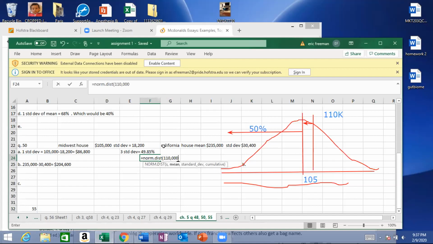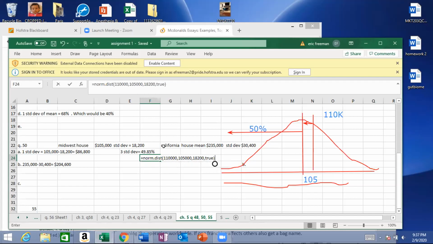You can't use a comma there. Okay, now comma. Now it's asking for the mean. So you put in the mean, comma, and then you put in the standard deviation. Comma, and then you're going to put in true for cumulative. And then close the parentheses.